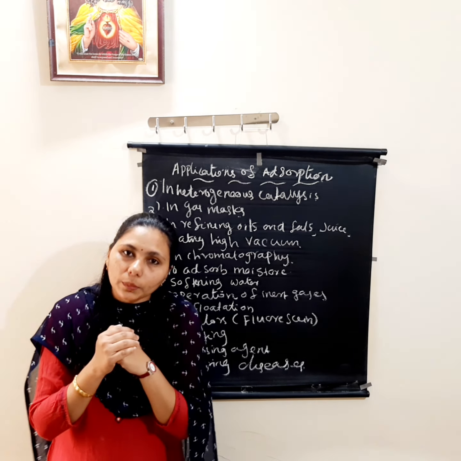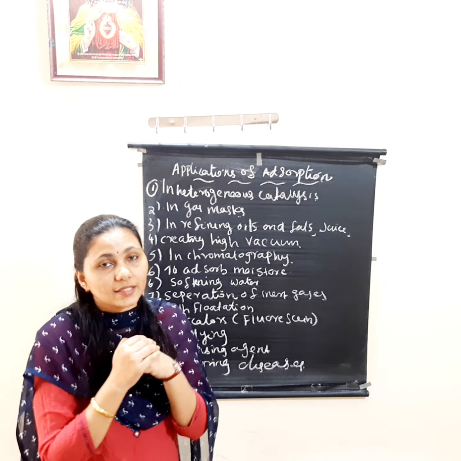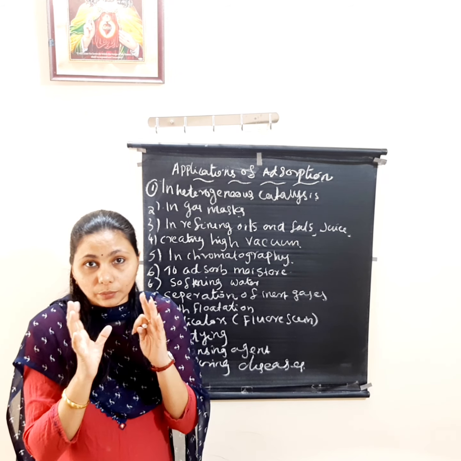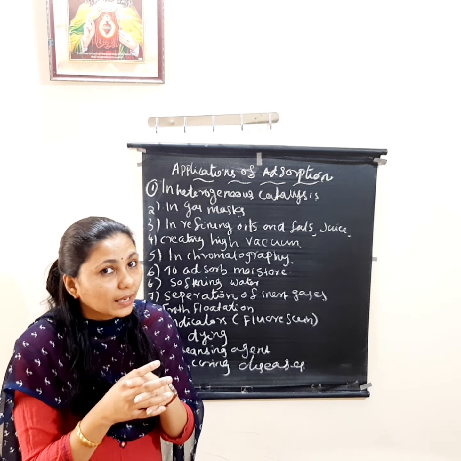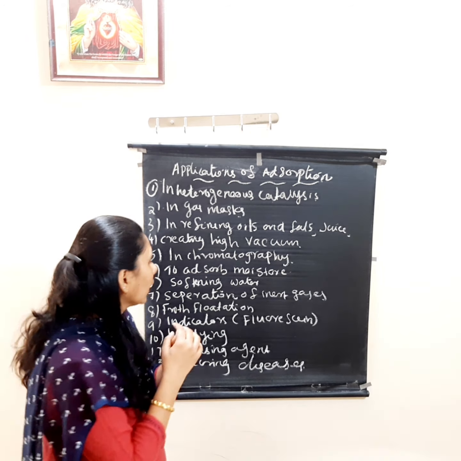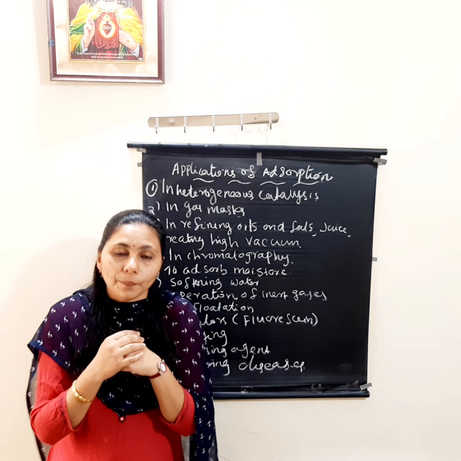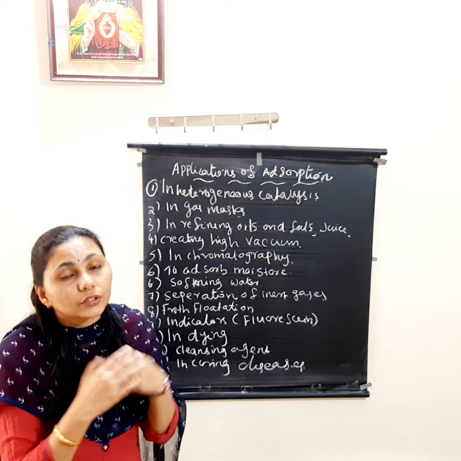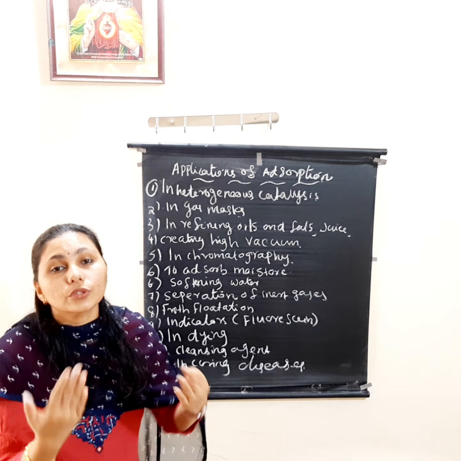Then to adsorb moisture, in yesterday's class I explained to you, if you are buying a new bag or bottles, silica gel will be there, that will adsorb the moisture content present in that. Then softening of water: the ion exchange method is also used to convert hard water to soft water.